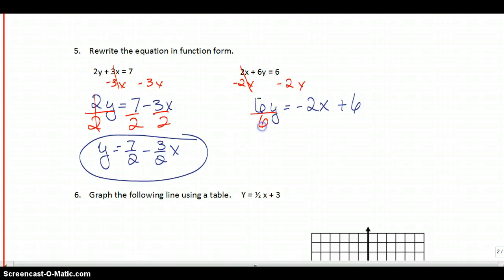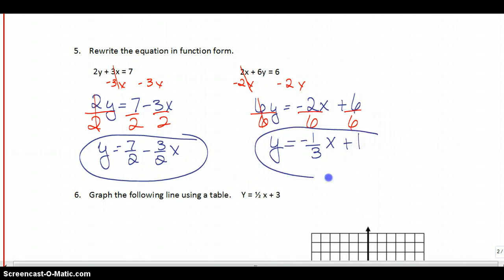By 6. Divide each term by 6. Oh, I'm going to be able to simplify this time. So now I have y is equal to -2 over 6, that simplifies down to -1/3 x, plus 6 divided by 6 is 1. So I have y is equal to negative 1/3 x plus 1.